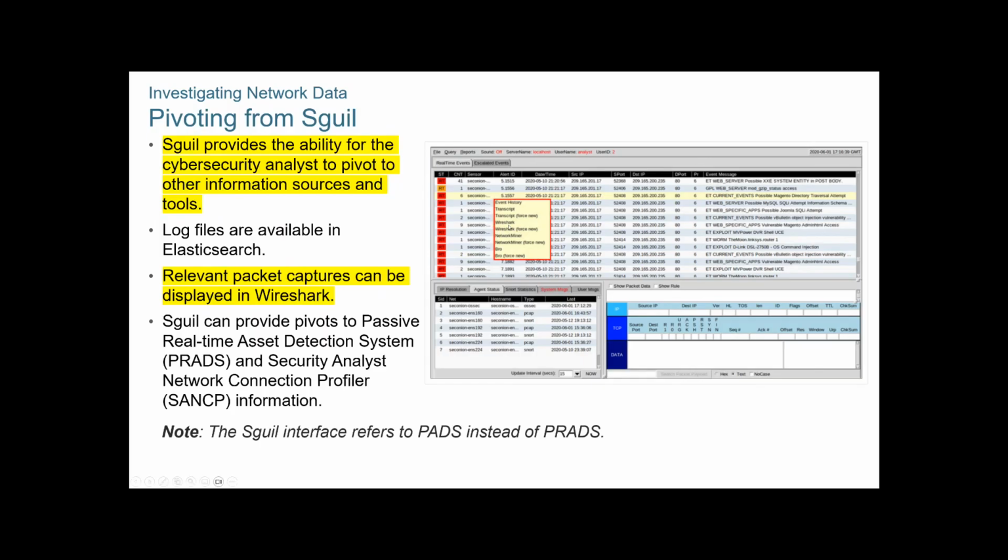When you do that, always select Force New, so you're not pulling up something that you've already looked at. So be sure when it says pivot to Wireshark that you select the one that is Force New. And so if I want to look at this particular one, it'll open it up in Wireshark and give me a whole lot more information.